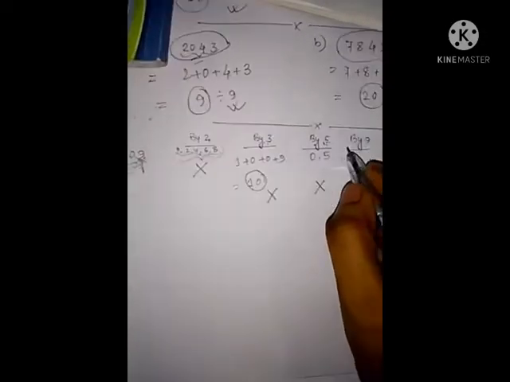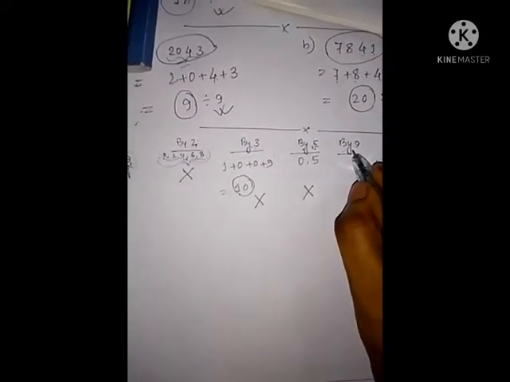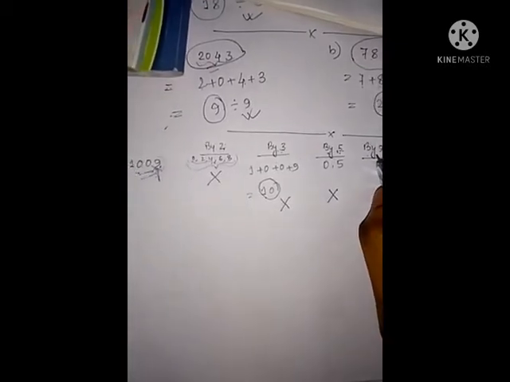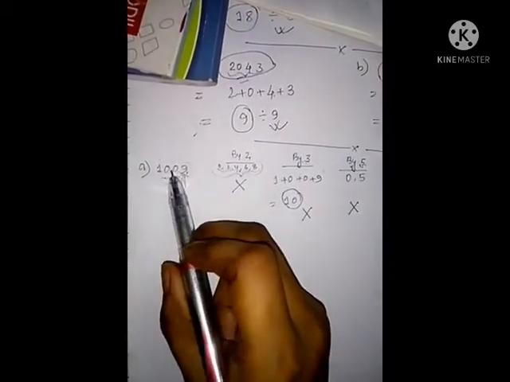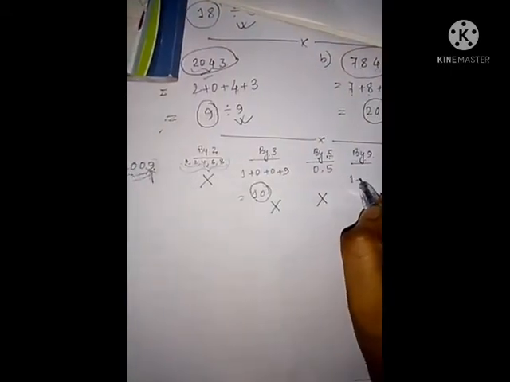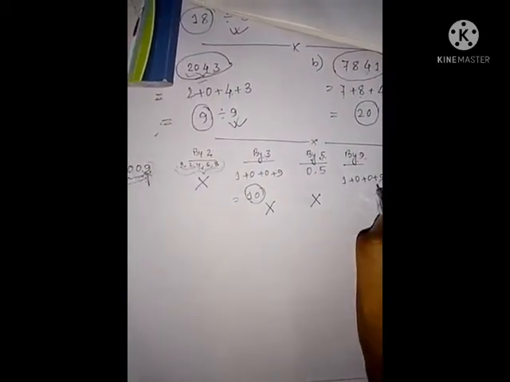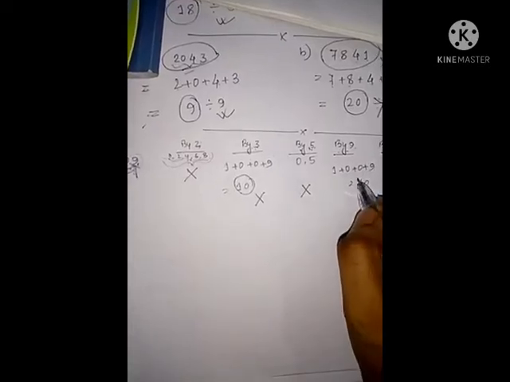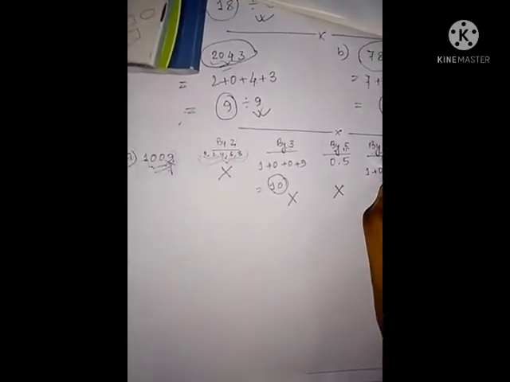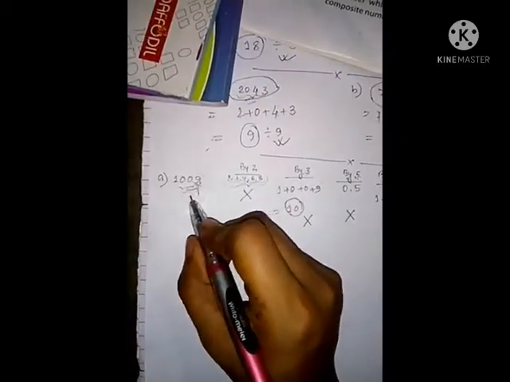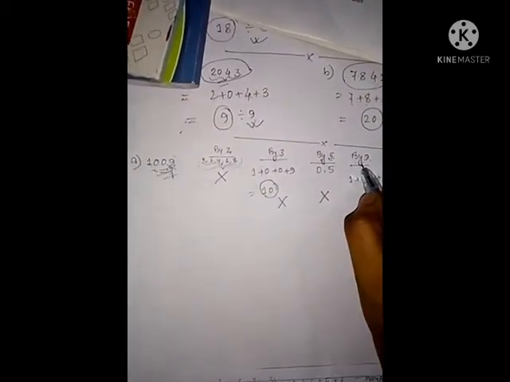Understand? Again by 9. To check divisibility by 9, again we have to add all the digits of this number, which is 10. We know that this 10 is not divisible by 9. Therefore this number is also not divisible by 9.